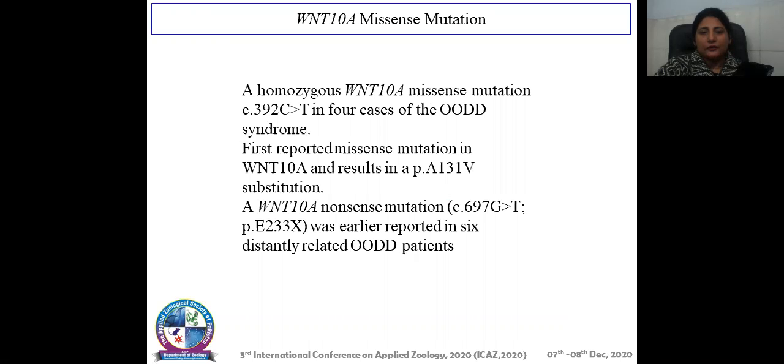This is the first report of a missense mutation in the Wnt10A gene, resulting in alanine to valine substitution. Earlier, a Wnt10A nonsense mutation at position 697 G to T was reported in 6 distantly related OODD patients.